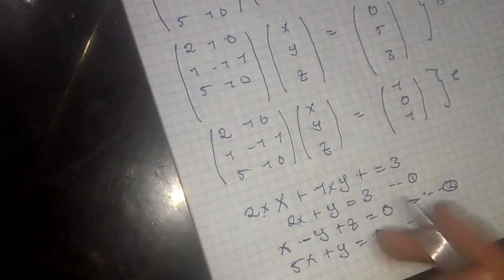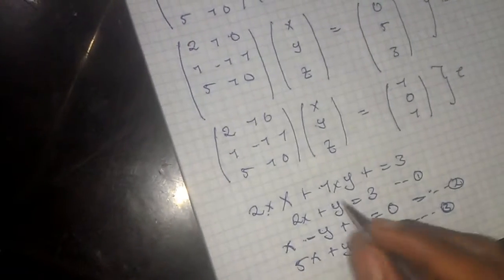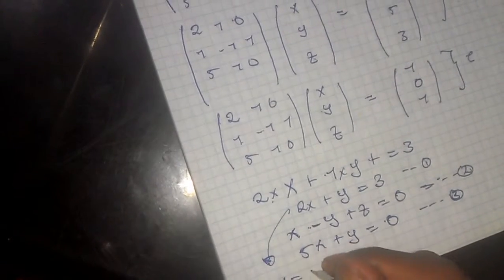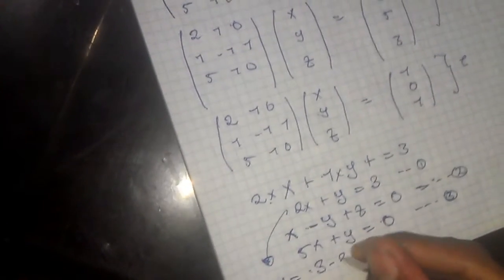From equation 1, we can see that y equals 3 minus 2x.